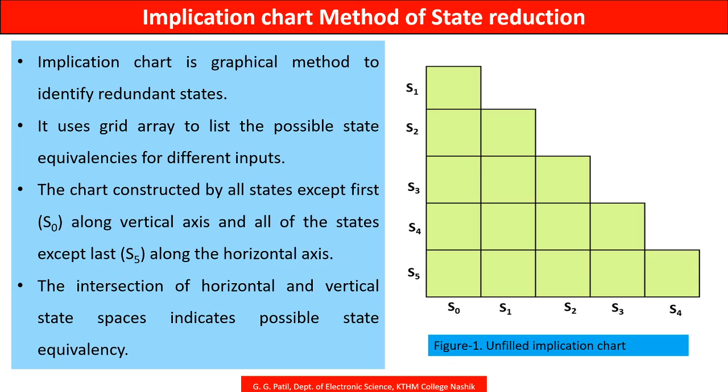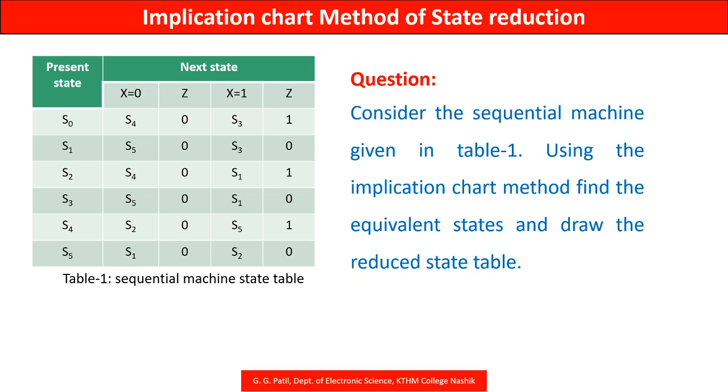So this is the unfilled implication chart. Now we shall study the implication chart method by taking an example and find the equivalent states. This example we have already solved using the equivalence class method in our earlier video, and the same example is taken here.